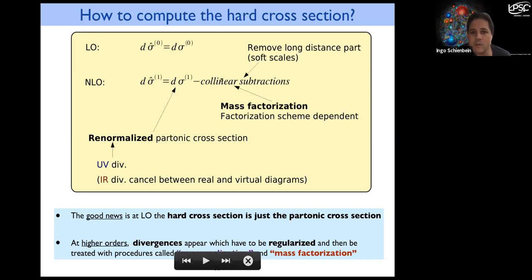So you have to subtract the divergences, but you are free to subtract also finite parts, which is not unique. So it depends on the factorization scheme at the end. And the parton distributions will also depend on the same factorization scheme, so that the observable itself is independent of the scheme.